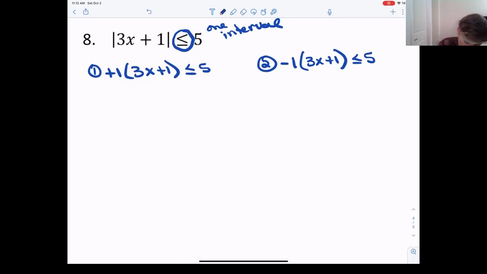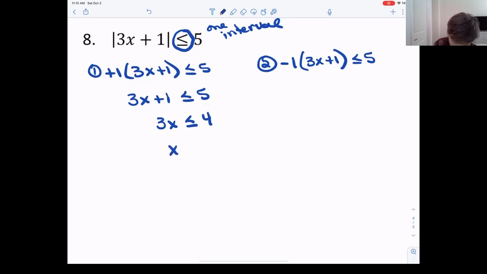So if we distribute a positive 1 on the left, we get 3x plus 1 less than or equal to 5. Subtract 1 from both sides, we get 3x less than or equal to 4. Divide both sides by 3, and we get x is less than or equal to 4/3. We have to distribute that negative 1 to both terms inside that absolute value, not to the 5, okay?